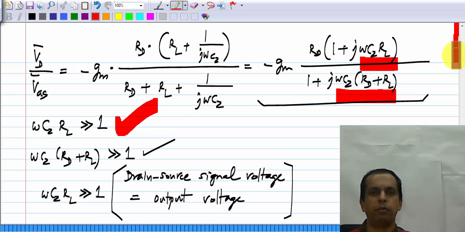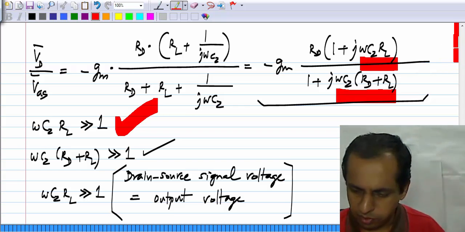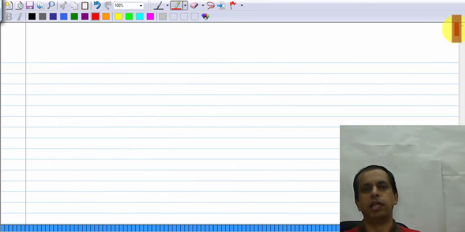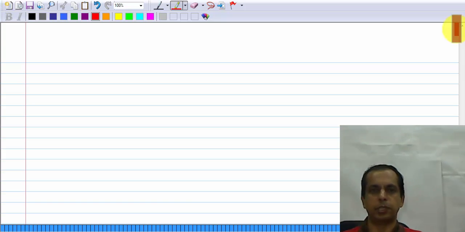Now, one last thing, when you have multiple capacitors, what do you do? The easiest thing is, you could calculate the entire transfer function with multiple capacitors all together. It can lead to very messy expressions.